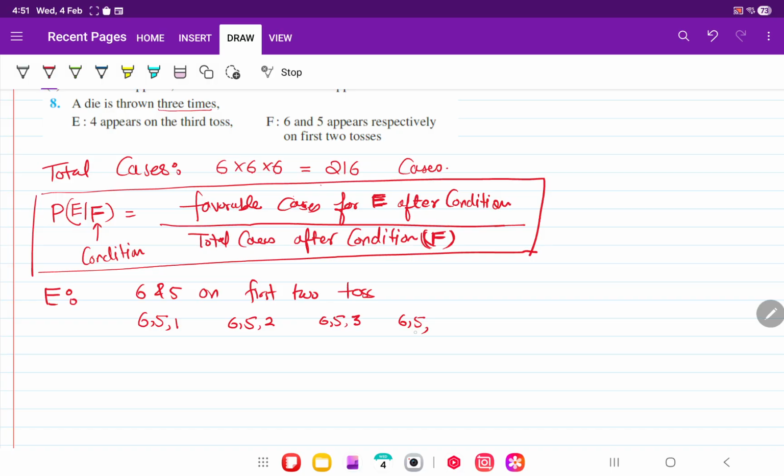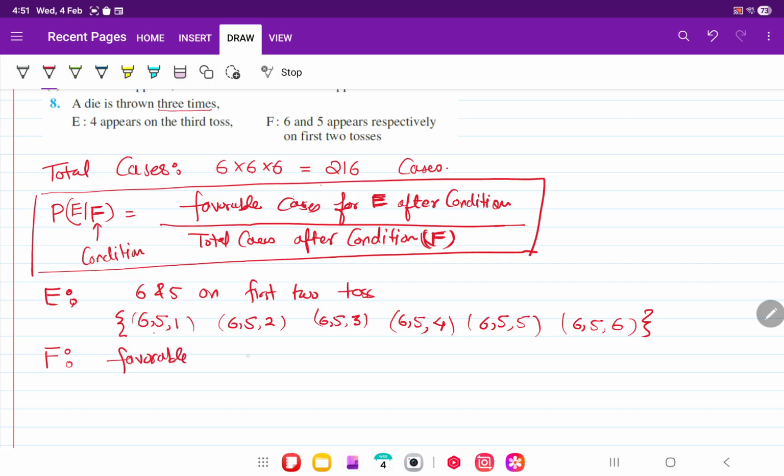Then maybe 4, 6, 5, next maybe 5, 6, 5, next toss maybe 6. These are 1, 2, 3, 4, 5, 6 possible cases, the total possible cases after applying the condition. I hope you understood. These are the 6 cases. Write down. Out of that, how many are favorable, which we need to find the probability.